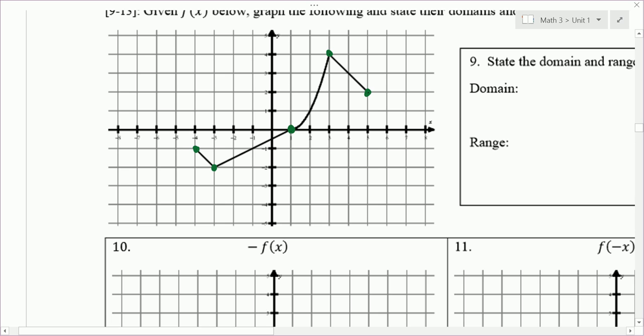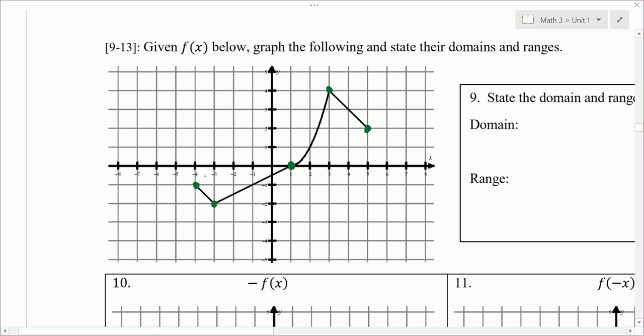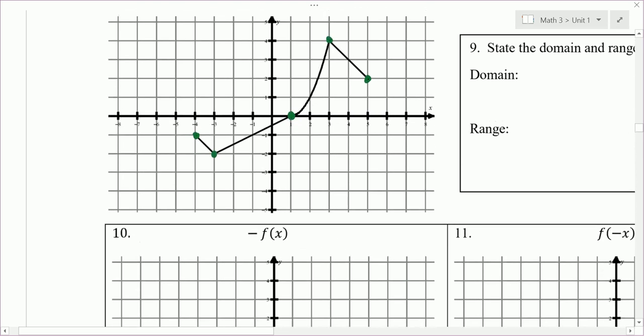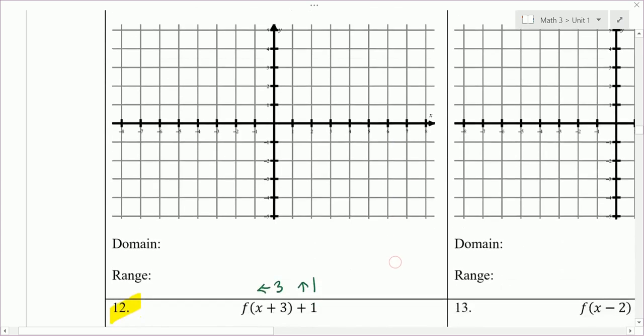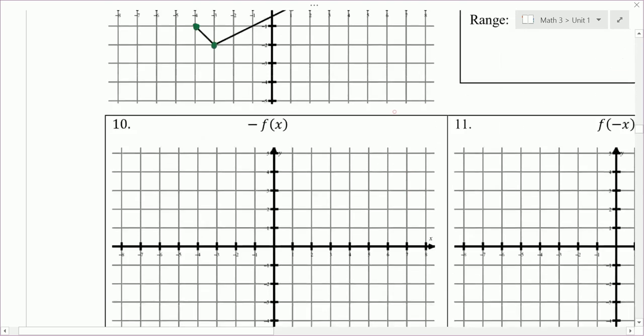Starting with the first point. First point's at negative 4, negative 1. So if I move that left 3 up 1, I'm going to be at negative 7, 0. So I'm going to put my first point at negative 7, 0. Okay, let's look at the second point.